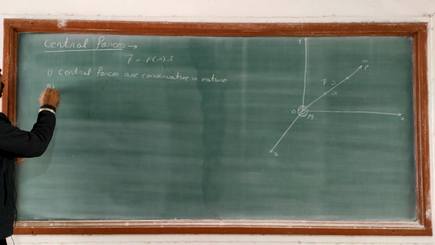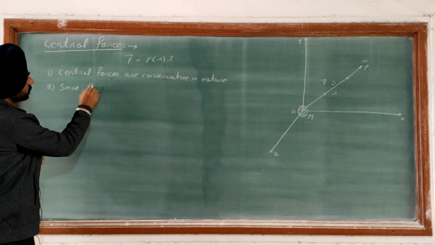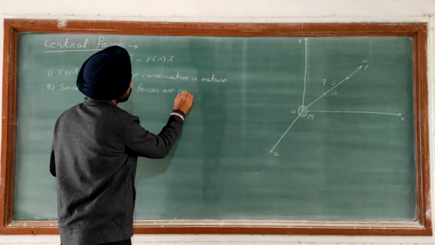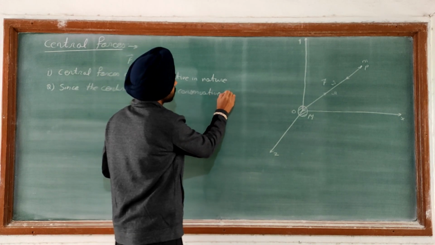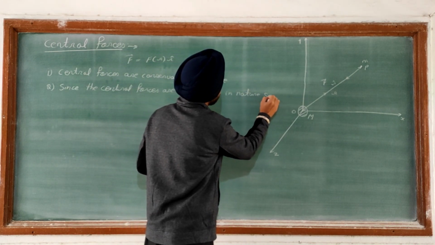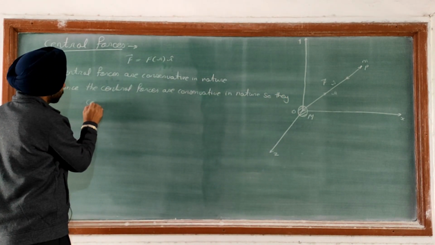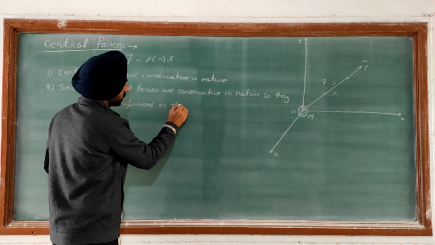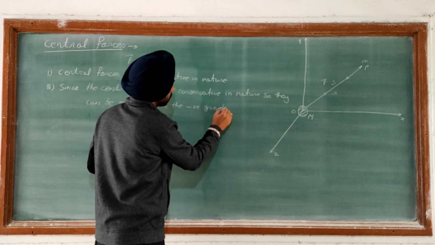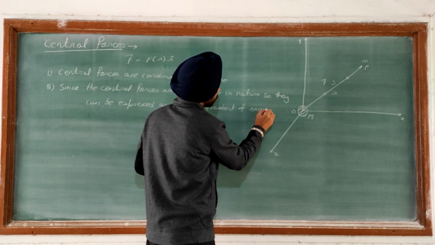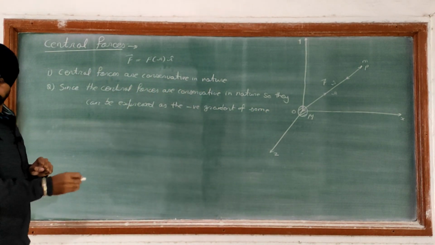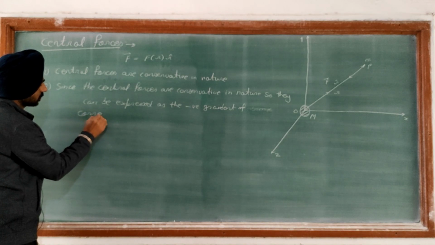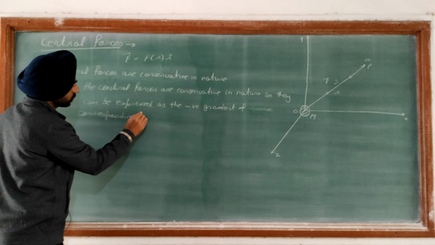The second point: since central forces are conservative in nature, they can be expressed as the negative gradient of some scalar function, the corresponding potential energy.